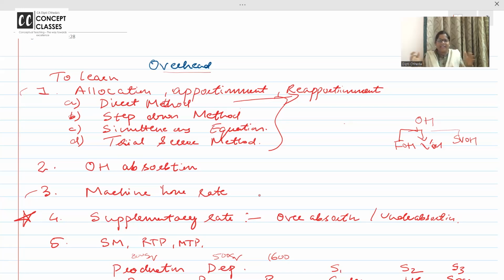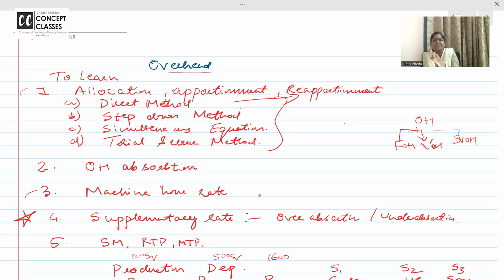To segregate semi-variable overhead, there are 4 methods which are already covered, and a separate video is made for that. But once again, a very important method to segregate semi-variable overhead, which we use in the overhead chapter, in operating costing, in budgeting and all the other chapters, is the high-low point method.